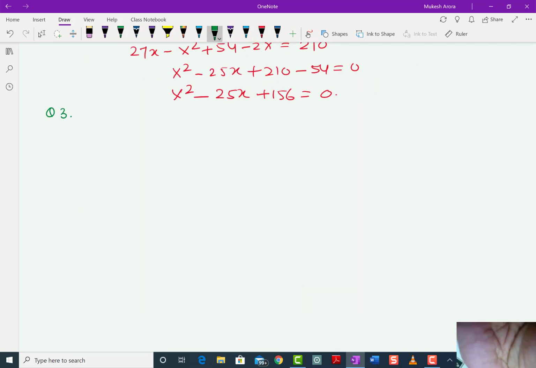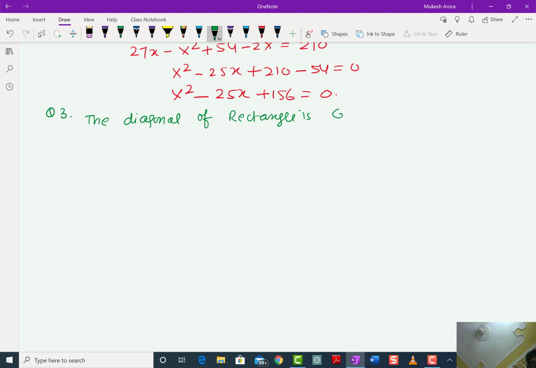Question number 3: the diagonal of a rectangle is 60 meter more than the shorter side.